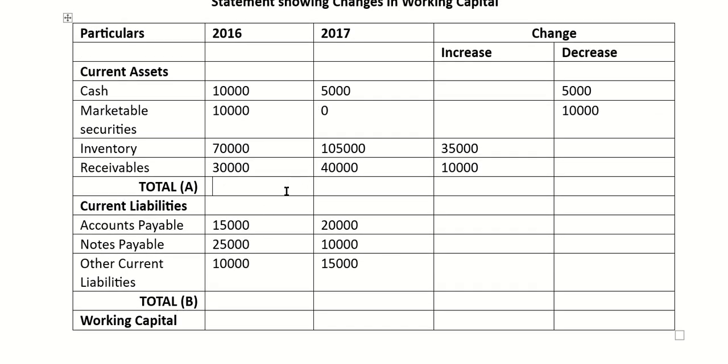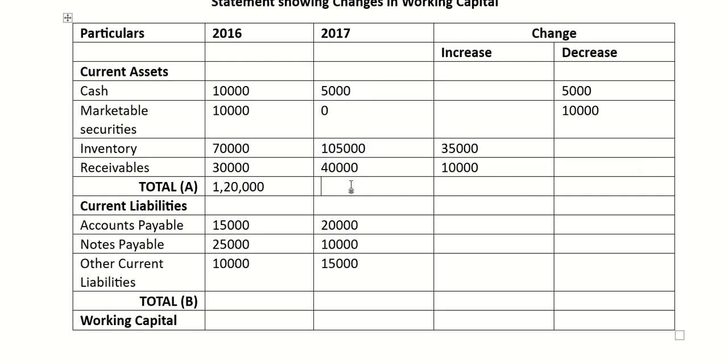Now we can take the total of current assets. It is 10,000 plus 10,000, 20,000; 70,000 plus 30,000, 1 lakh. So the total is 1,20,000. I just write it in here. You can cross check it with the calculator. Now in 2017, what was the total of current assets? 5,000 plus 1 lakh 5,000, 1 lakh 10,000, plus 40,000.